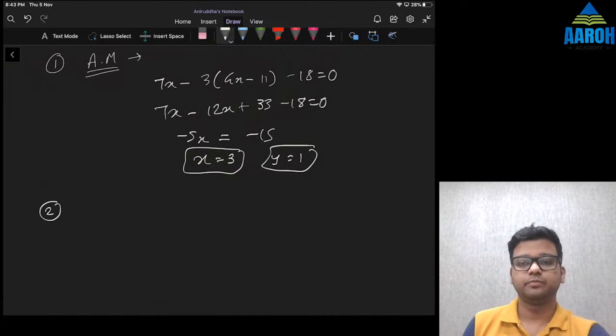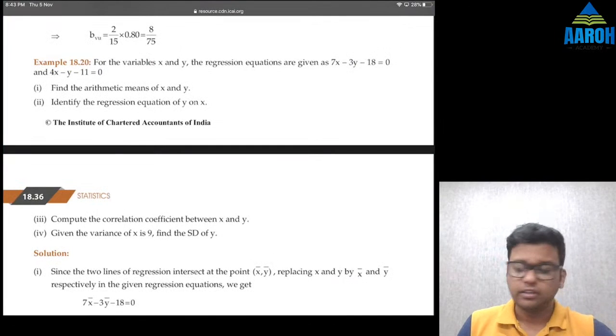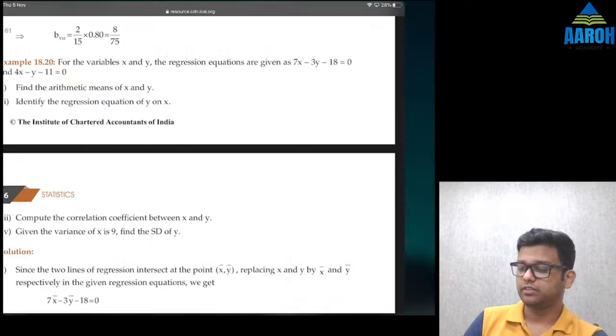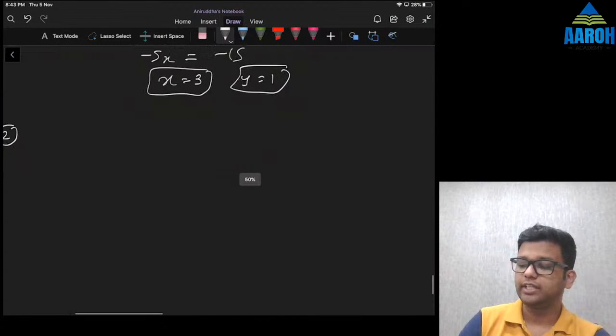Let me know. In the second part, they're asking to identify the regression equation of y on x. So they're asking which one is y on x and which one is x on y. Now understand carefully.